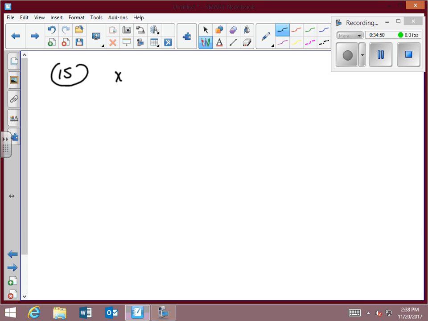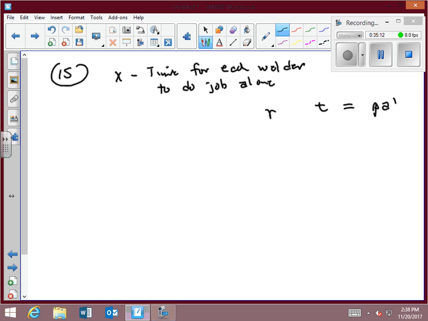So X is the time for each welder to do the job alone, right? That's what they're telling us. And this is a rate times time equals part of job problem.